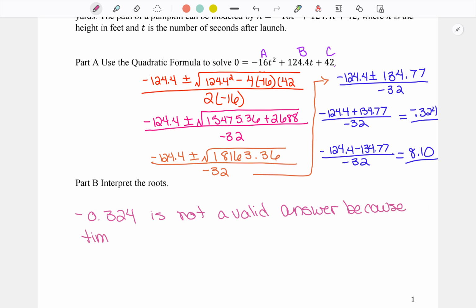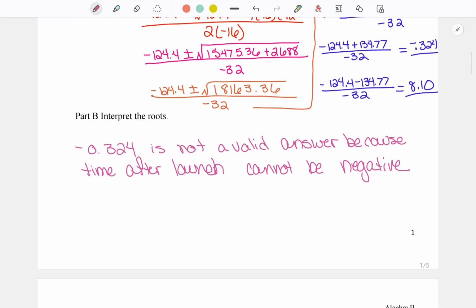And then that leaves us with 8.10, which is valid.